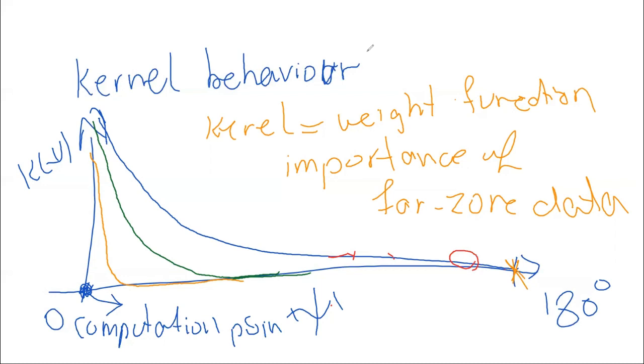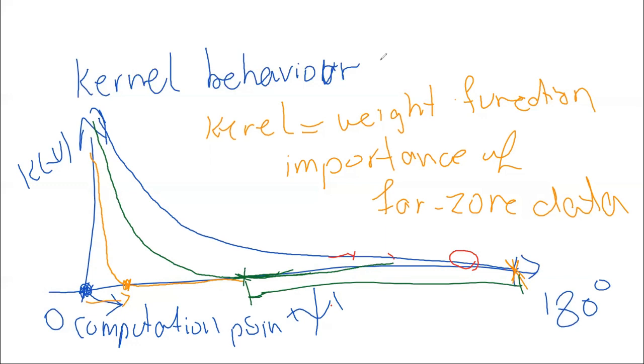But look at the green curve. The green curve gets closer to 0. It means that the contribution of the data after this place is 0. Then you do not need to use data beyond this degree. They are not important. And look at the orange curve. It's even closer to the computation point.